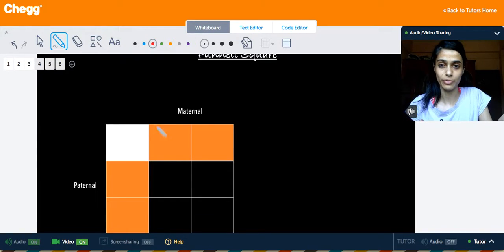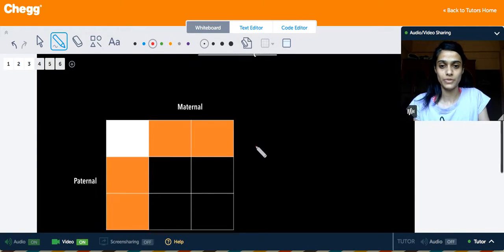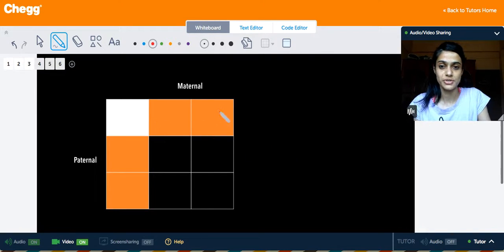This is just an example I took here so we can see the different combinations. Say we have two parents, a mom and a dad, and both of them have type A blood group.